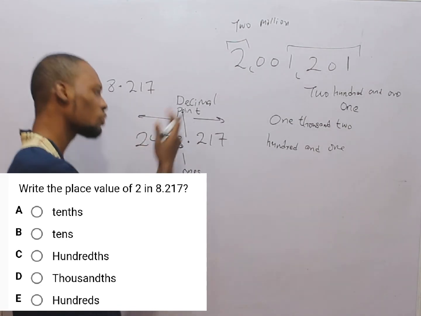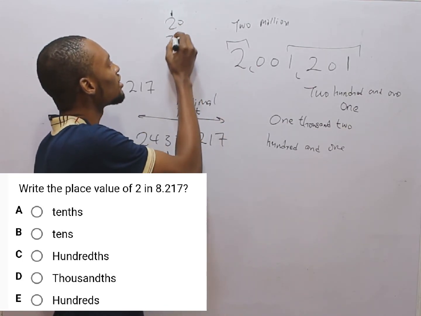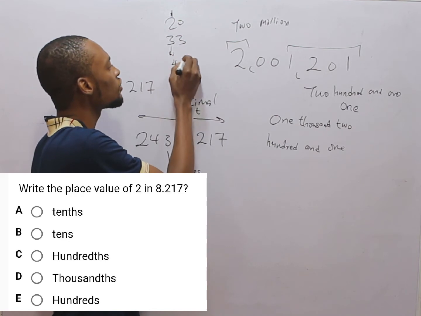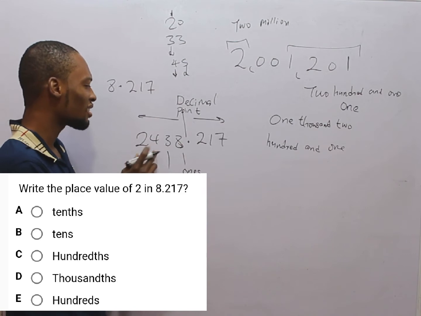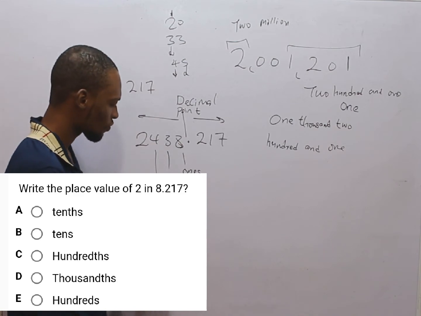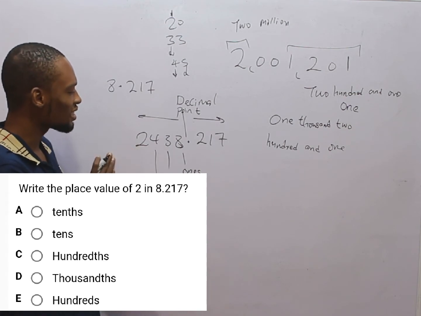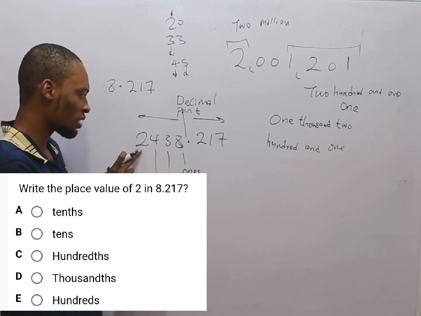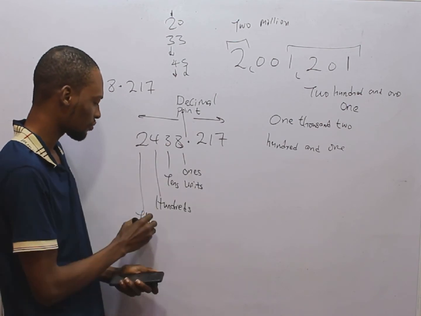So 20, this is in tens. 33, this is in tens. 45, this is tens, this is unit. Then the next one is hundreds. Next is, like this is 2,438. This is thousand.